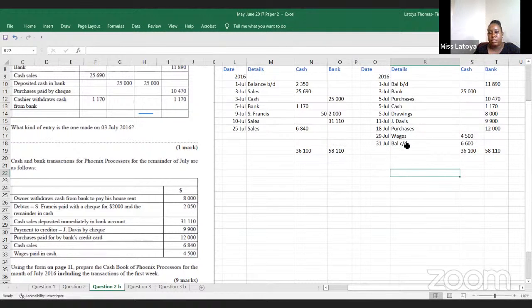All right, and then this is July, so yes, it will be August, the 1st. So the 1st of August. We're going to have our balances brought down.